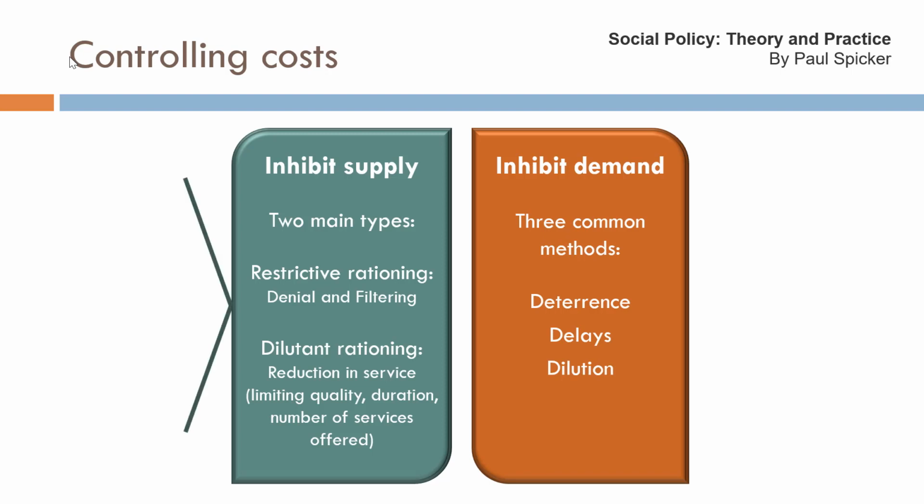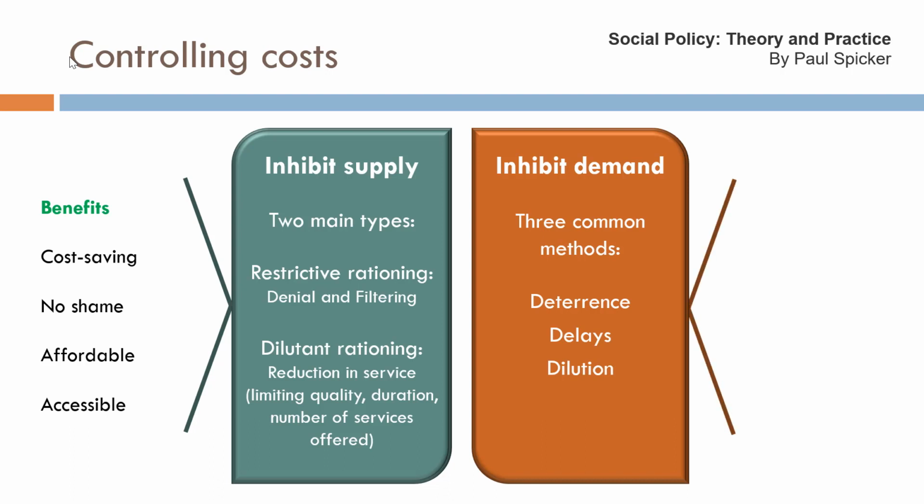Okay, so in terms of the benefits of inhibiting supply, it's cost saving. There's no shame involved. It's affordable and it's accessible. So it's kind of the things that the three common methods of inhibiting demand are the opposite of. Similarly, the benefits for inhibiting demand, one, it's cost saving as well.